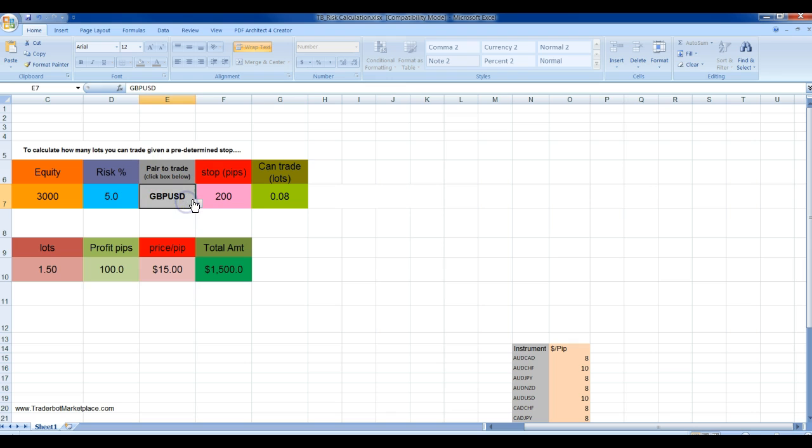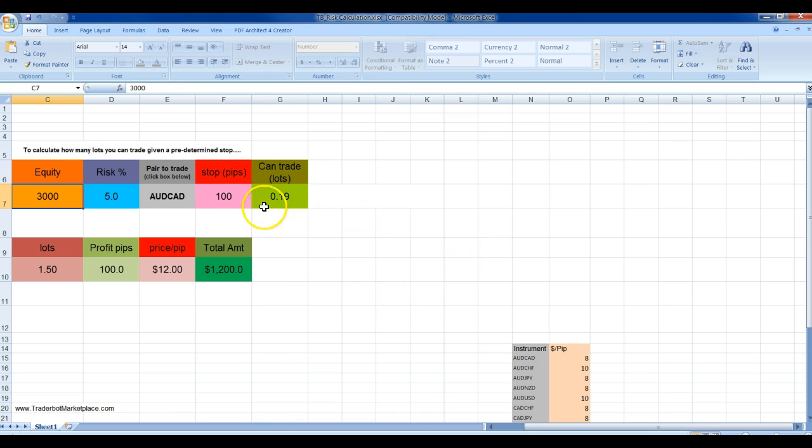And whatever pair you're trading, because each pair is worth a different amount per pip. So let's say we're trading Aussie CAD, and we want our stop loss to be 100 pips. Risking 5% on that trade, you can trade as much as 0.19 lots.